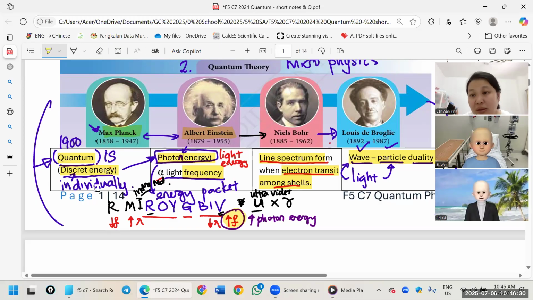Cannot use a synonym to replace it. Not individual energy. Quantum is discrete energy. Okay, everyone, be careful. Quantum is discrete energy.